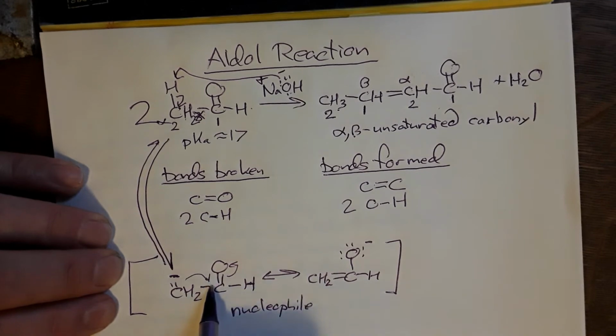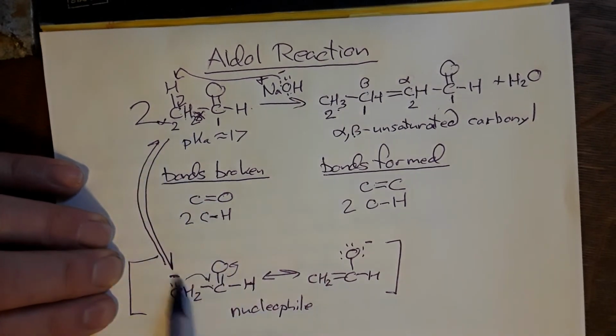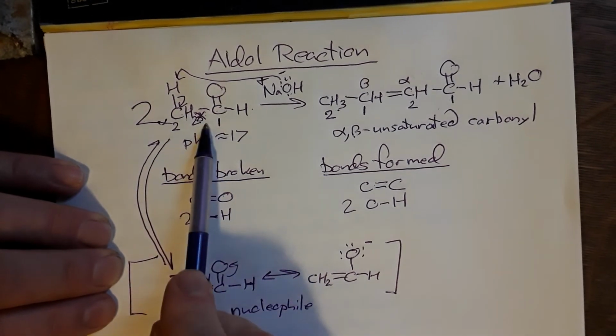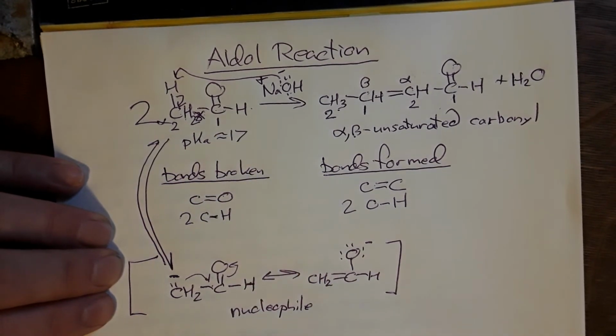Only some of these molecules up here are going to be converted. There's going to be an equilibrium there, and so we're creating a nucleophile in the presence of what? What is this originally? We've got an electrophile there.